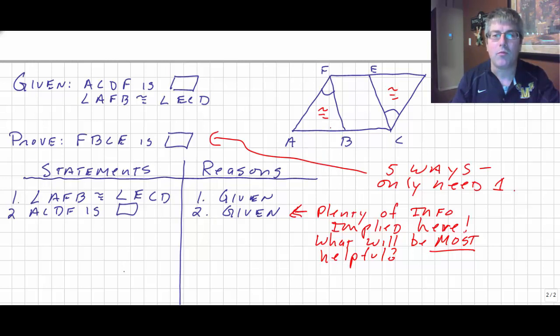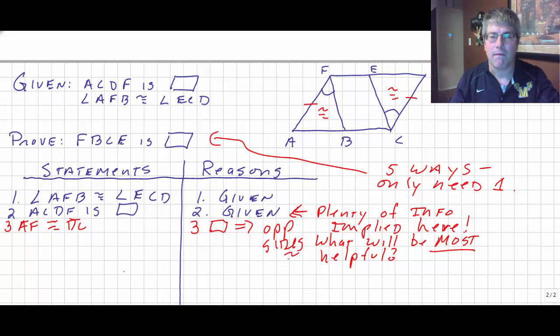So if I want to prove that these triangles are congruent, don't I know that AF is congruent to DC? So AF is congruent to DC, and I know that because parallelogram implies opposite sides congruent.